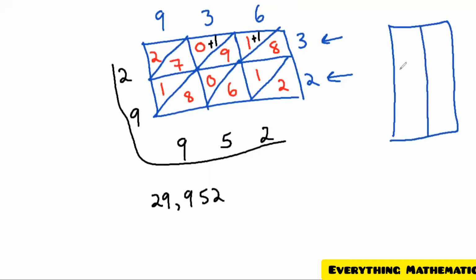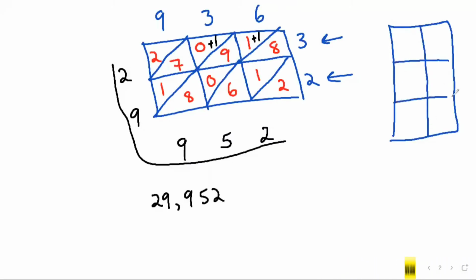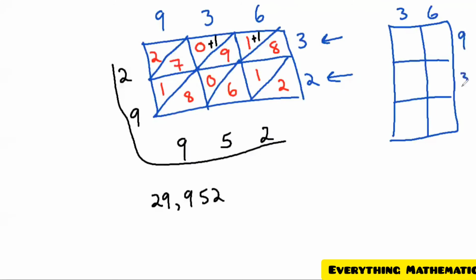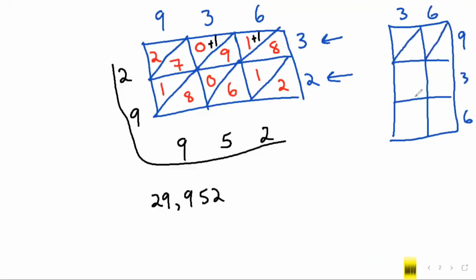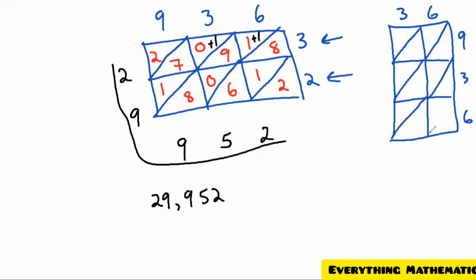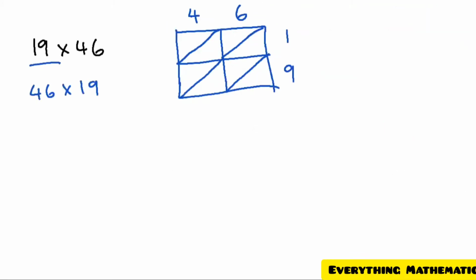The 2 digits would have gone here, 36, and your 3 digits would still be 9, 3, 6. And of course, you split each square accordingly. And trust me, you could take my word for it. Of course, if you have time, you could do it. When you do this and you still follow the same process, you will end up with the same answer, guaranteed. Trust me, I played with this method a lot. I liked it from the first day I learned it. Good. So let's do this one now.